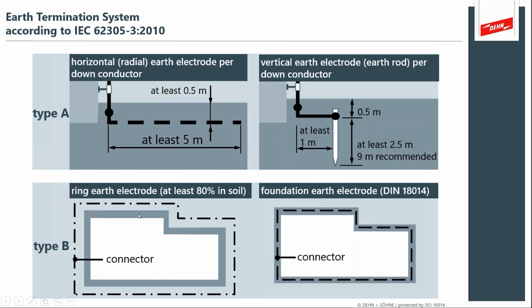Another very effective type of electrode, the type B, looks like a ring electrode around the structure. And this is very common in what might be power plants where you have multiple buildings and you'll see a grid of buried rings that are all interconnected. And this is also similar to what's considered the foundation earth electrode.